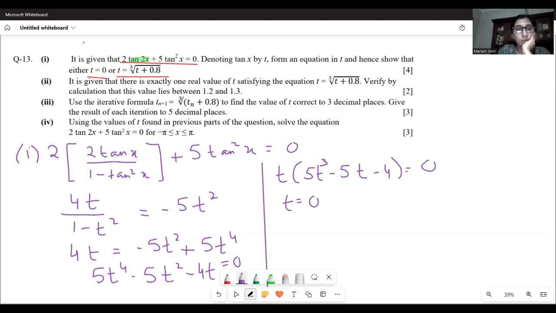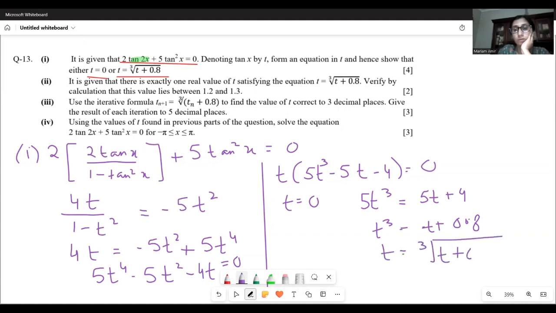For the other one, we take 5t cubed on the left and move 5t plus 4 to the other side. Divide by 5. So we get t cubed equals t plus 4 by 5, which is t plus 0.8. Then take the cube root of this. So we got the required result.